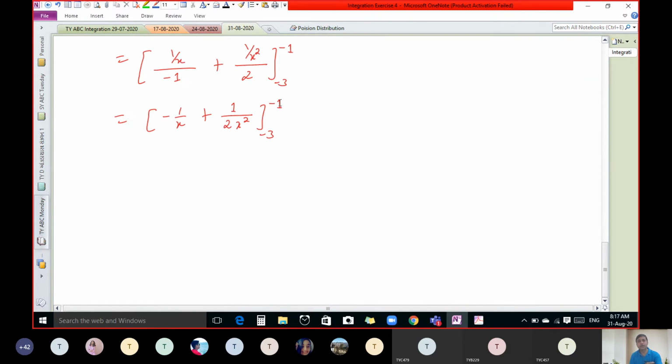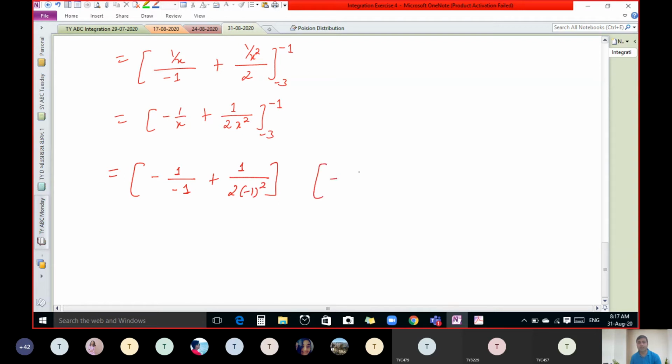Now put x equal to minus 1 first of all. So minus 1 upon x, in place of x minus 1, plus 1 upon 2 into minus 1 square. Now put x equal to minus 3.